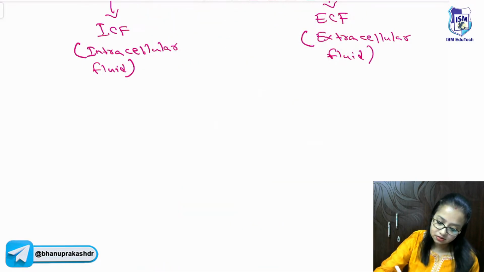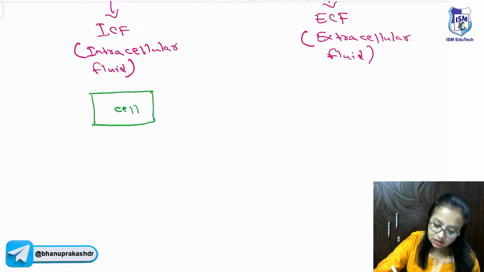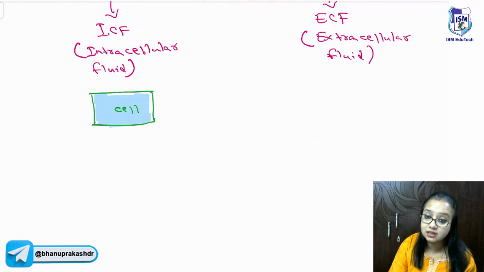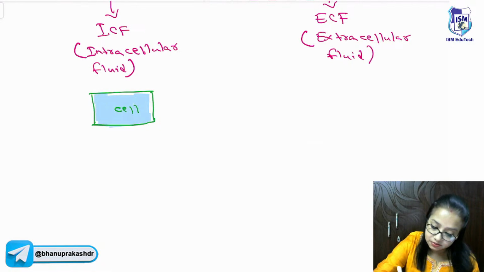Intracellular fluid means the fluid that is present within the cells. Like, for our understanding, say this is the cell of the body, the fluid that is present within the cell, inside the cell, that is the intracellular fluid.